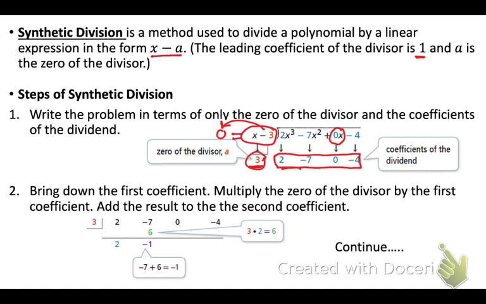And then we go through a process of bringing down the first term, multiplying, combining, multiplying, combining, multiplying, combining, answer. Okay? So it's really quick. I have to make sure I go slowly because I like to go fast with it. And you will go very fast with it, but when we're learning, I will go slow.